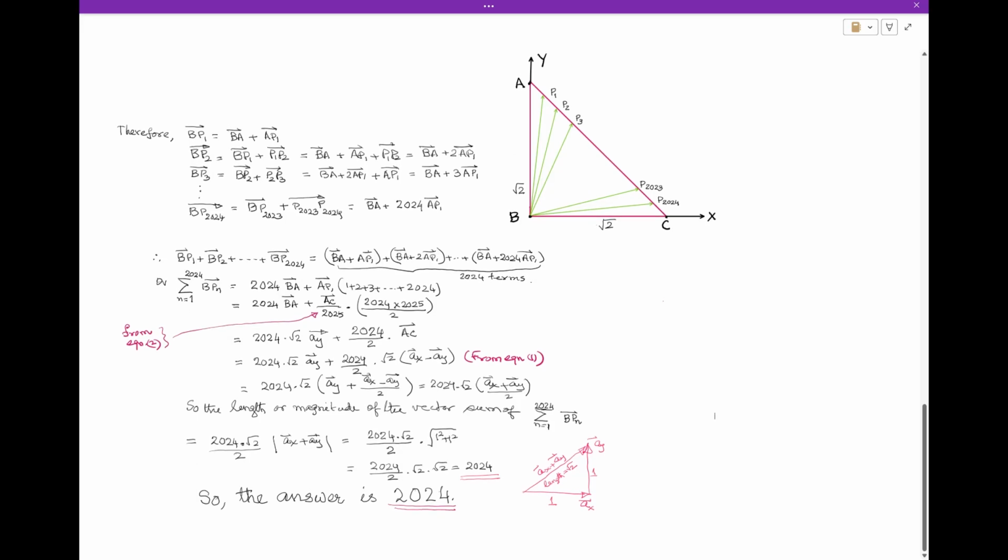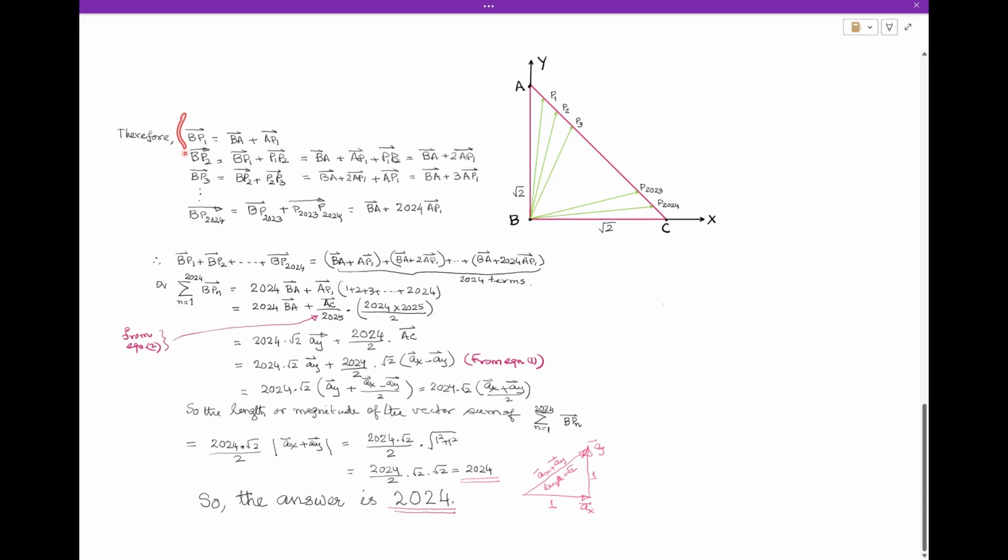Therefore, if you sum the left-hand sides of these equations, we get BP1 plus BP2, continuing in this fashion up to BP2024. On the right we get BA vector plus AP1 vector, BA vector plus 2 AP1 vector, etc. up to BA vector plus 2024 times AP1 vector.